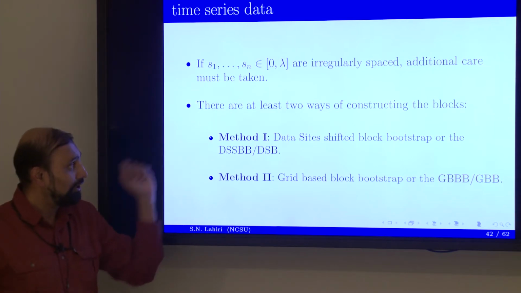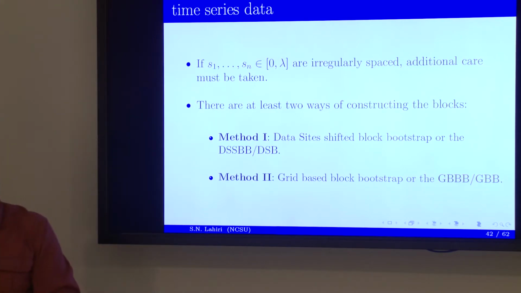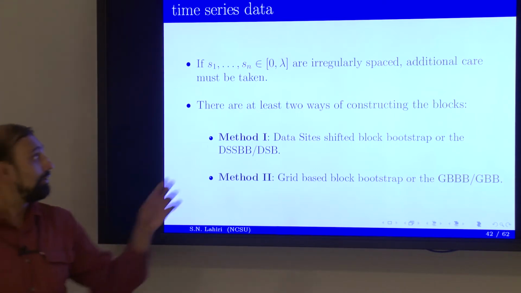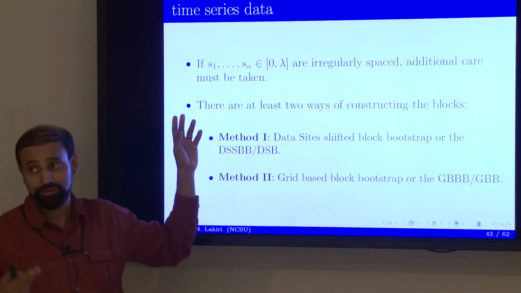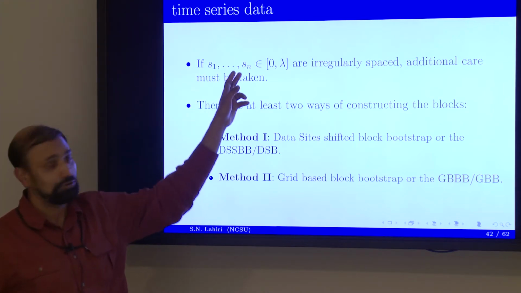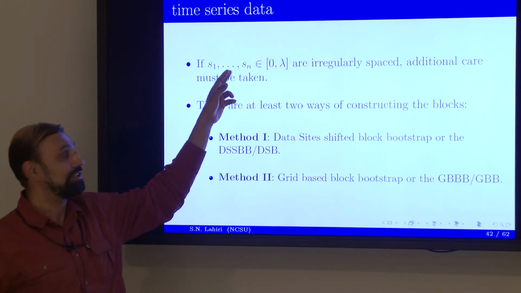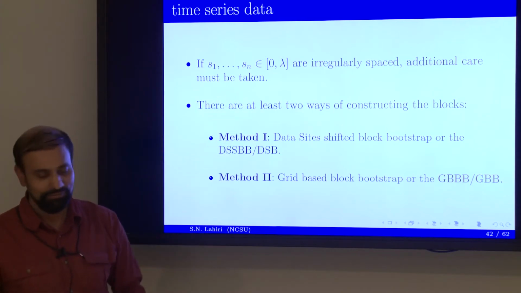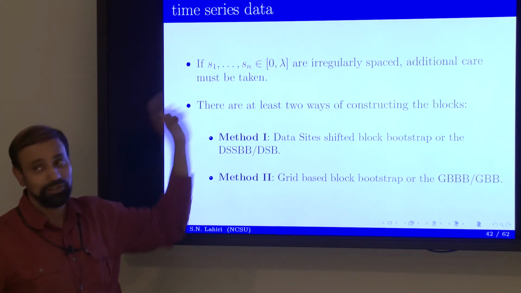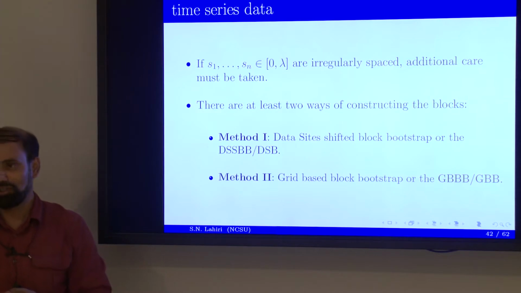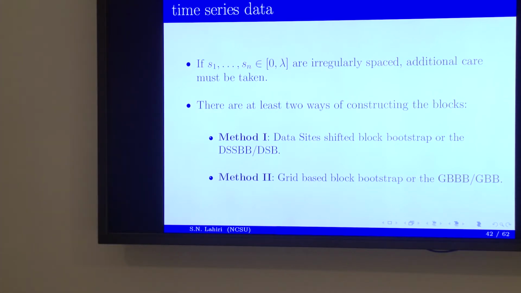And I said there are at least two ways of constructing the blocks. There is no x1, there is no 1, 2, 3, 4. You have S1, S2, Sn, and I did not even say S1 is less than S2 less than Sn. But we can suppose that that's how we have numbered. But then you know the length, that is something smaller than lambda.